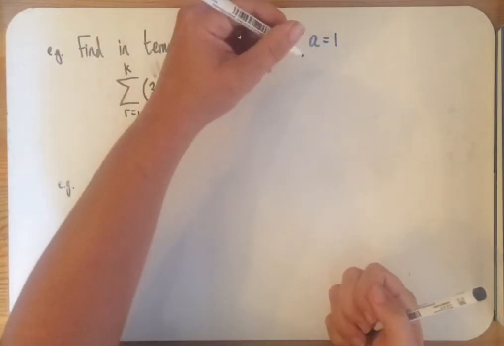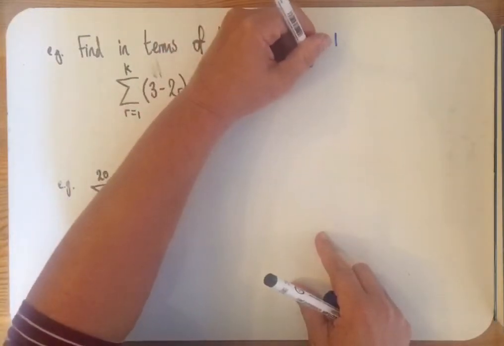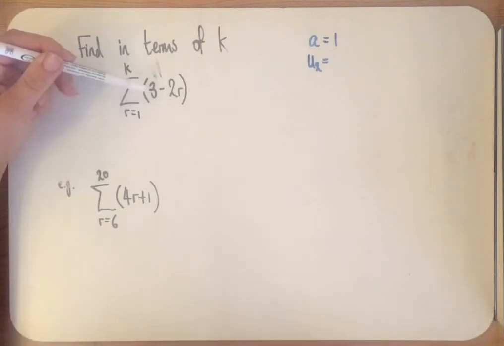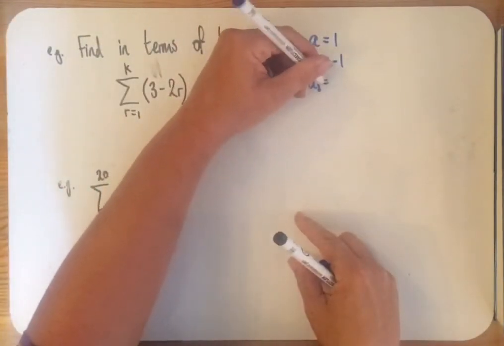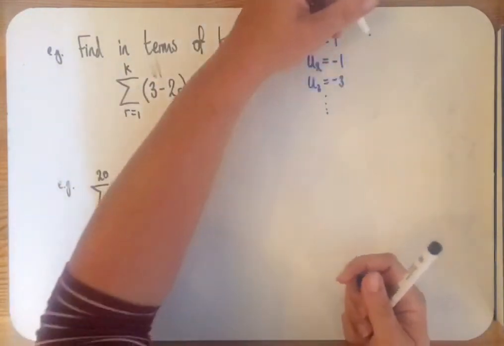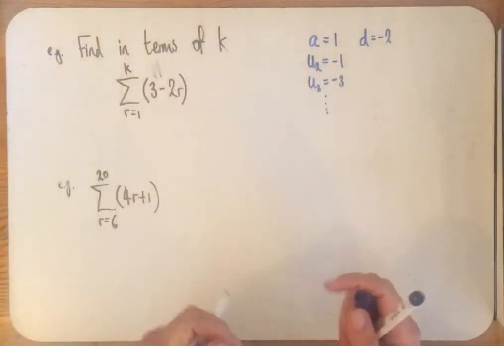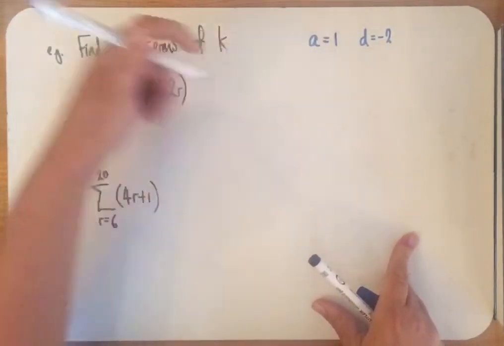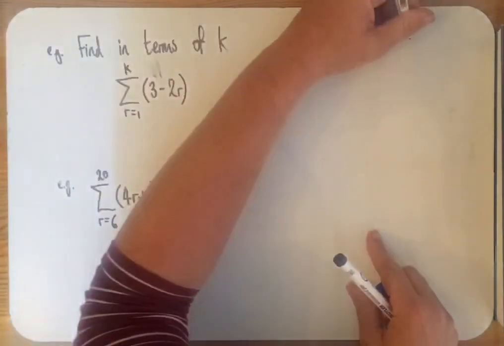And then the second term, when r is 2, we get 3 minus 4, which is minus 1, and then the third term is minus 3, etc. So a is 1, and the common difference d is equal to minus 2. And so that's your coefficient of r again. And the number of terms this time is equal to k.